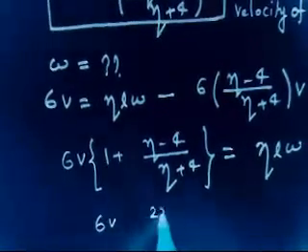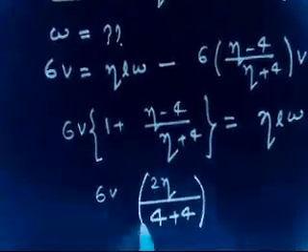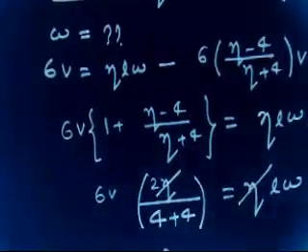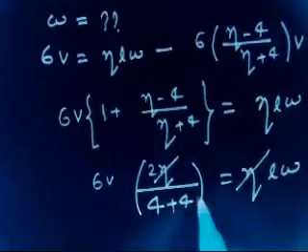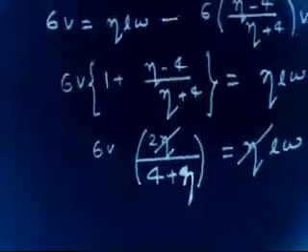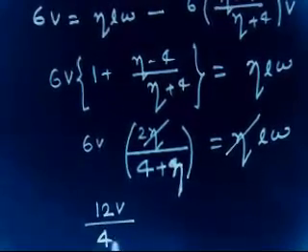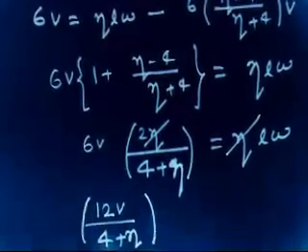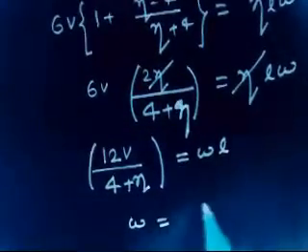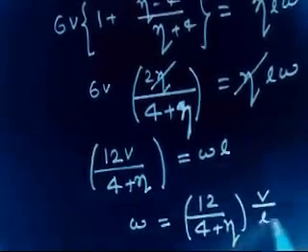So 6v times 2 eta divided by (eta plus 4) equals eta L omega. So eta goes out, and we will have 12v divided by (4 plus eta) equals omega L. So omega will be 12 by (4 plus eta) into v by L.